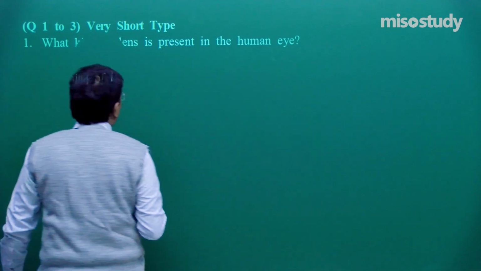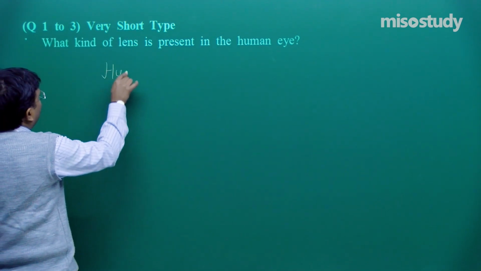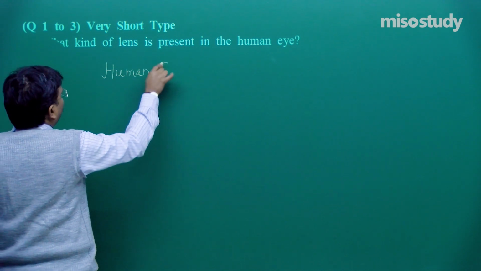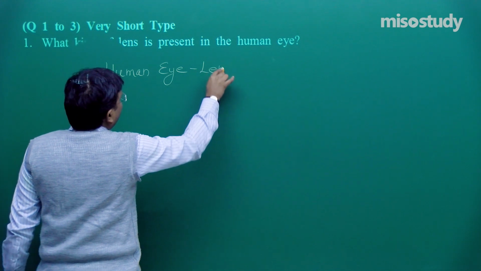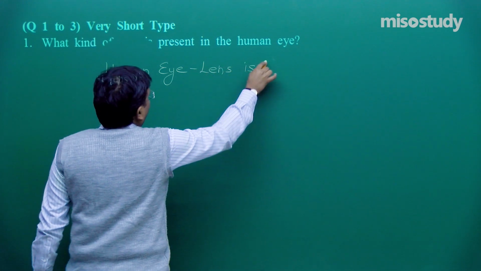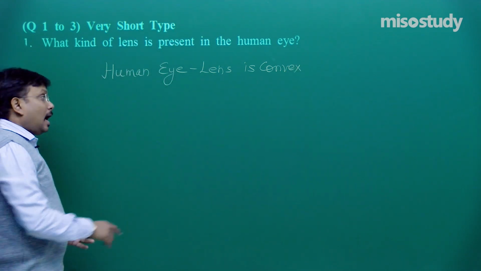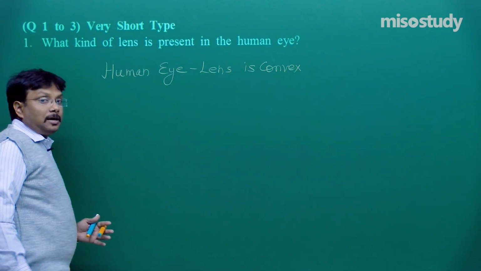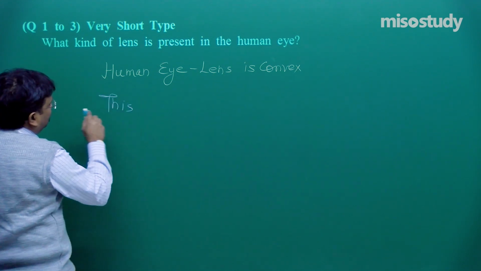So, human eye lens is convex, and there is one property associated with this convex lens. This is an extra piece of information.